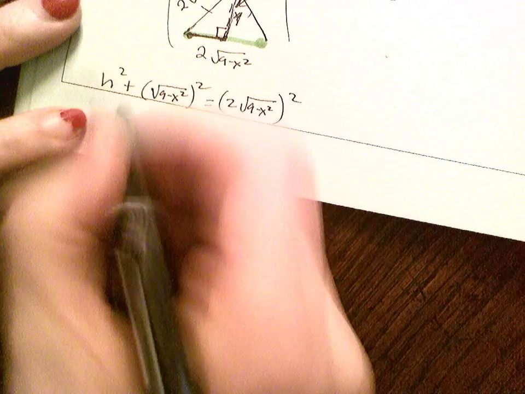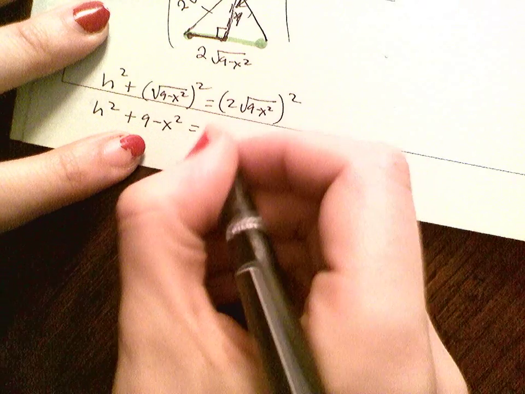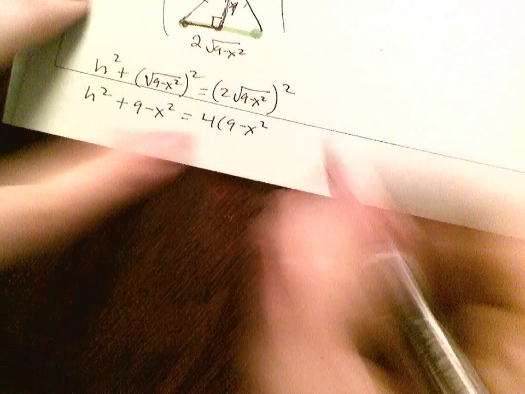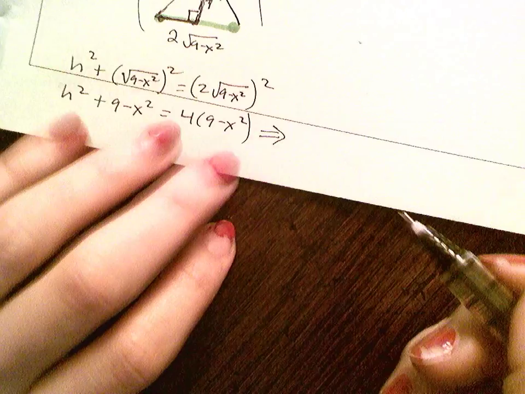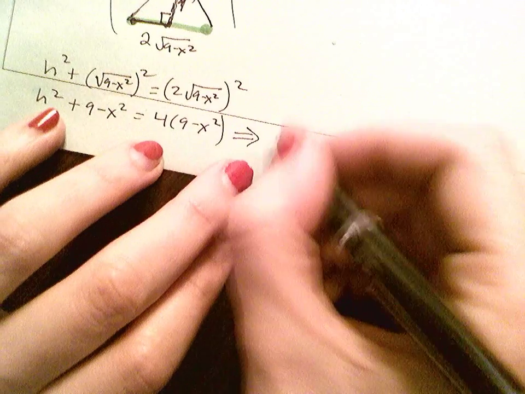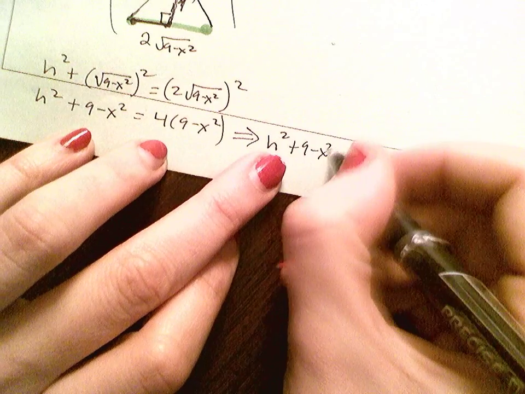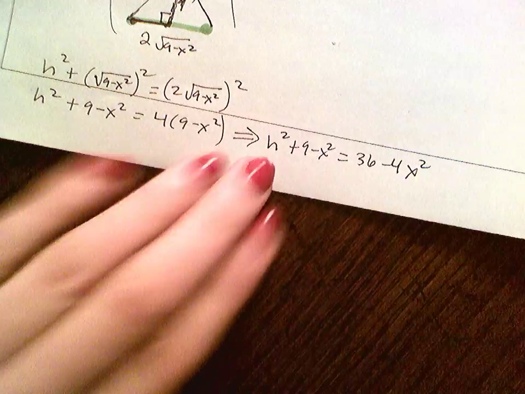So h squared plus 9 minus x squared is equal to 4 times 9 minus x squared, which is 36 minus 4x squared.